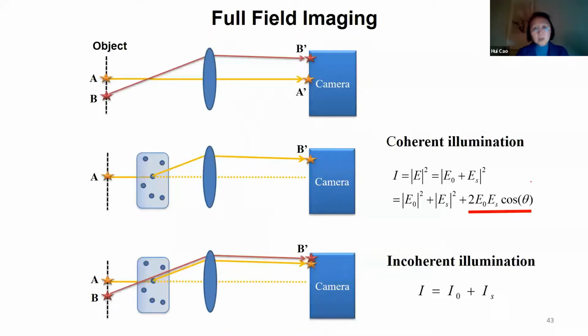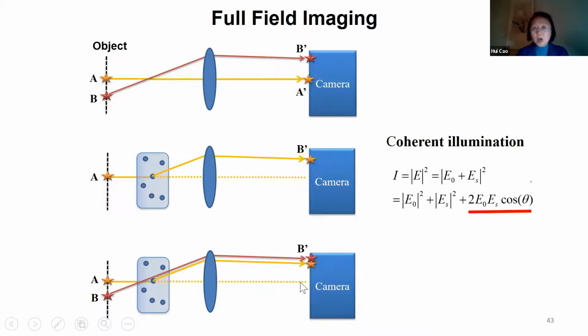The reason why we can do this is, let's consider a lens. We said before, we try to image two points A and B to A prime and B prime. If we have some scatterers, the light from A will go to B prime rather than A prime. So it will combine with the light from B to B prime.